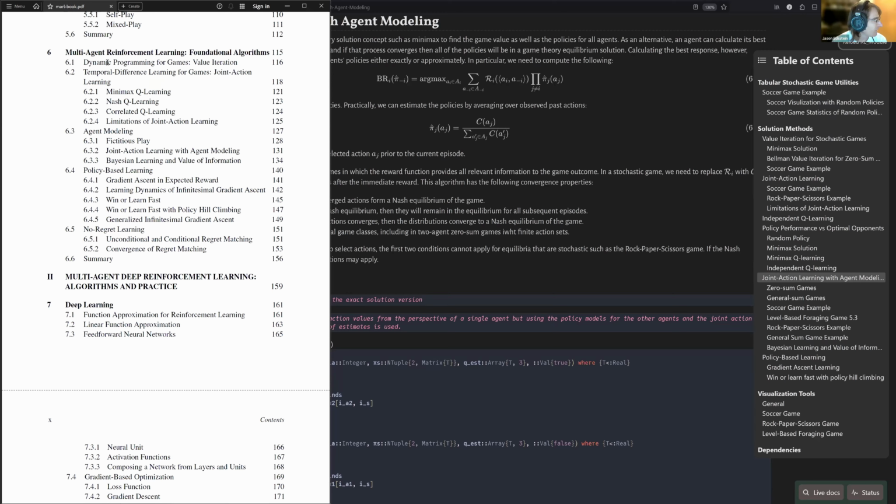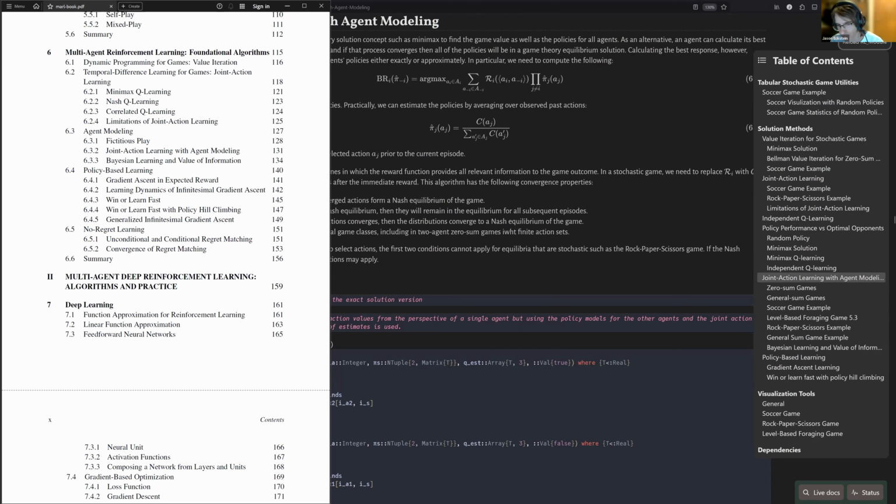Since we're concluding this chapter 6 section and the entire discussion of tabular methods, I thought I would do a bit of a big picture overview.